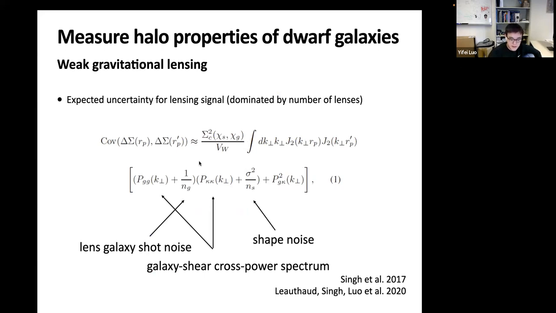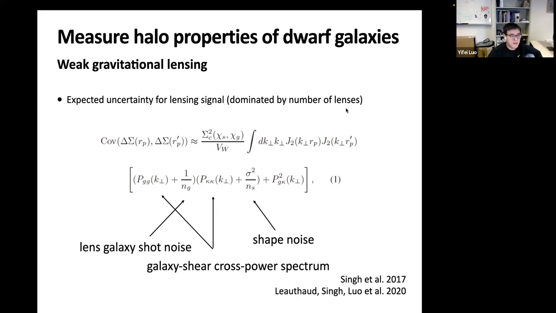So basically, this is the formula, or equation, we use to estimate the uncertainty of the weak lensing signal. The weak lensing signal to noise is dominated by the number of lens galaxies. So the more lens galaxies you have, the better signal to noise you have.